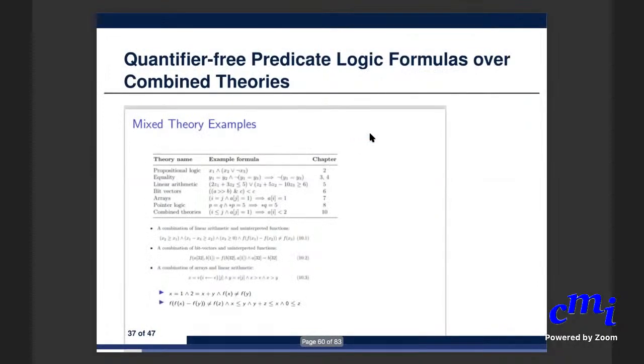So what SMT solvers do is restrict the decision problems to the quantifier-free fragment of predicate logic. So we assume that there are no quantifiers. And here are some examples.